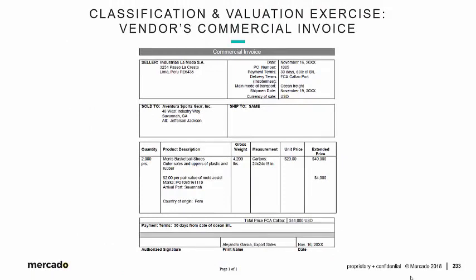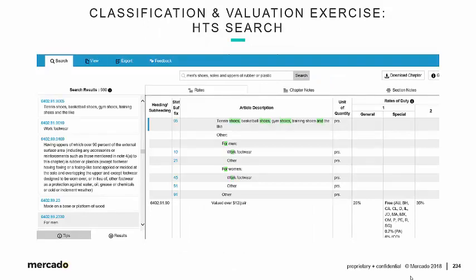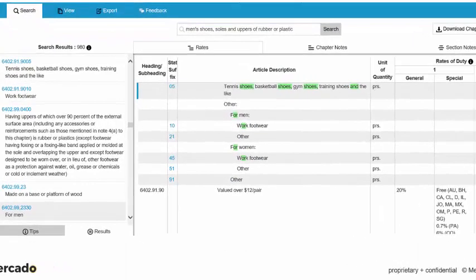Good solid stuff. Since we're here and doing a classification and valuation exercise, both classification and valuation, we go to HTS Search, which we found to be a very helpful tool. Got to a heading of 6402. Got to a subheading of 640205.